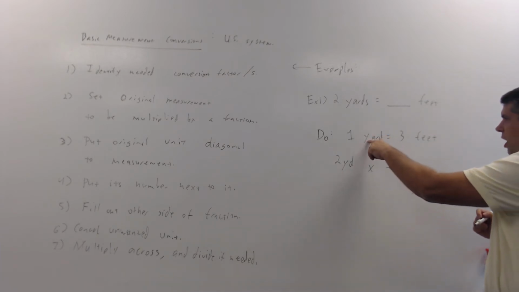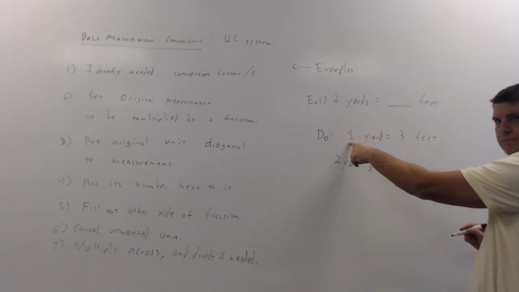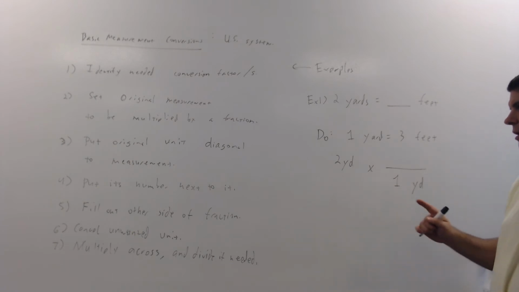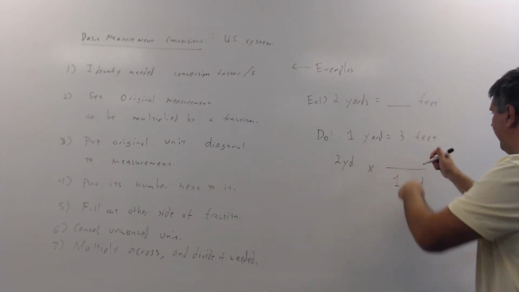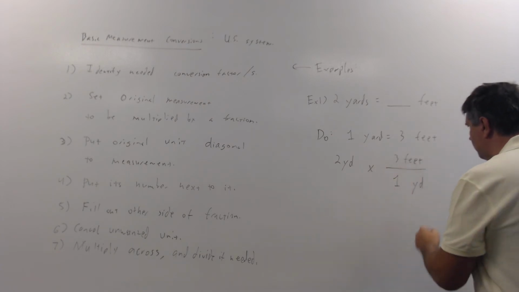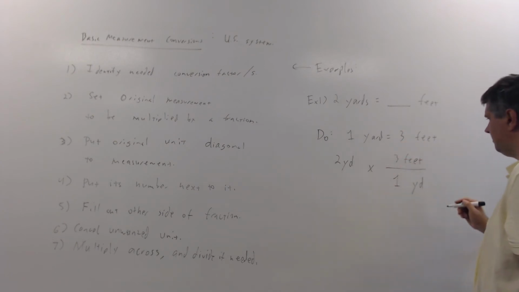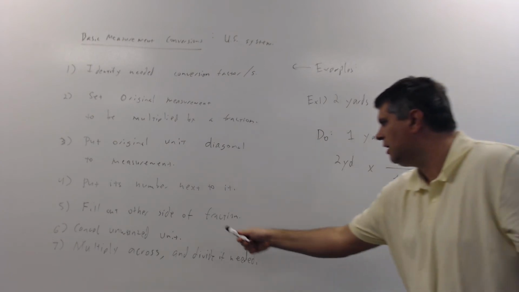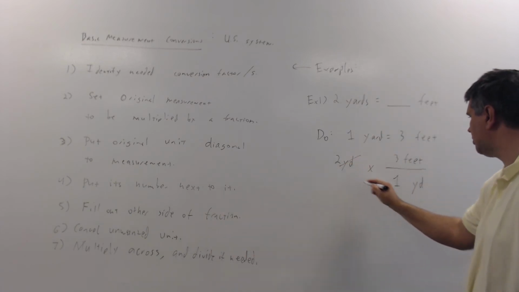So 1 yard, so here's yard, here's its number, 1. Fill out the other side of the fraction. This will go here. These two will go in the other part of the fraction. Cancel the unwanted unit, just like fraction multiplication. Cancel, cancel.